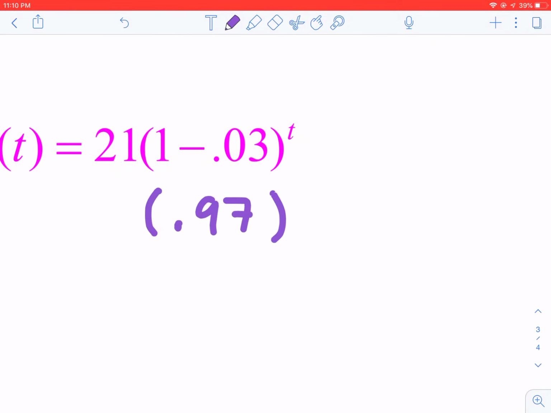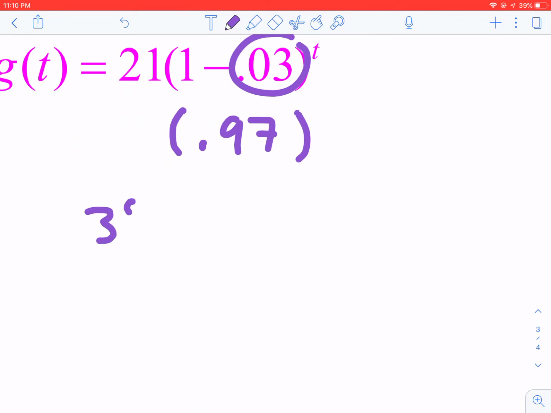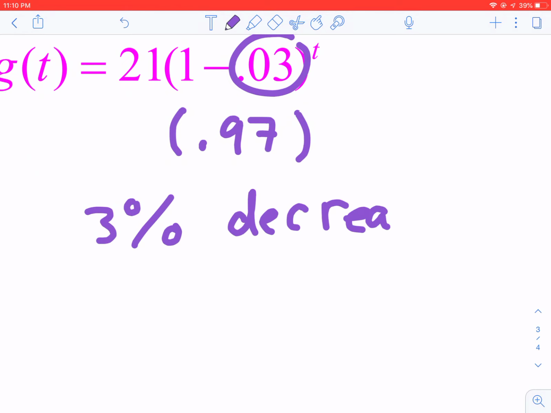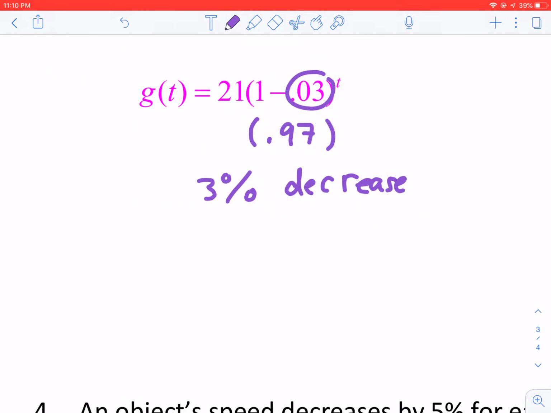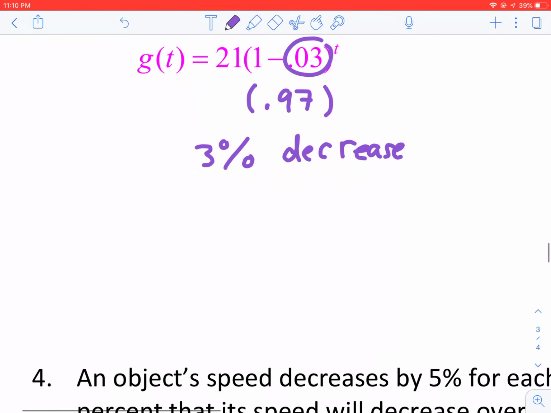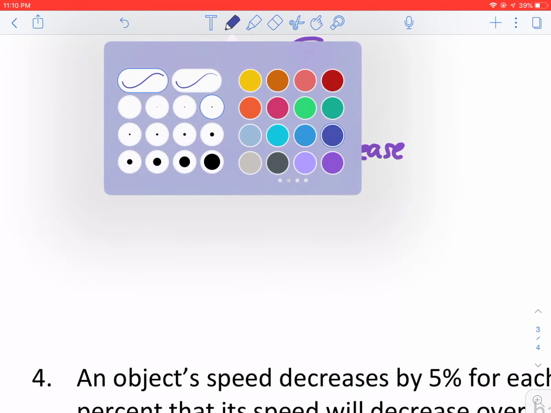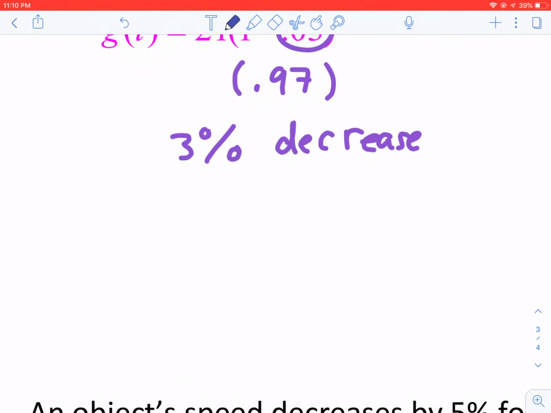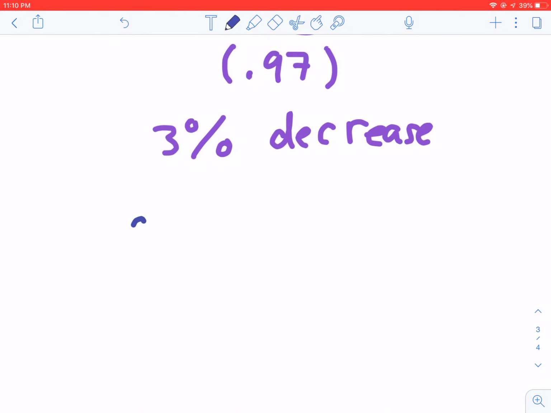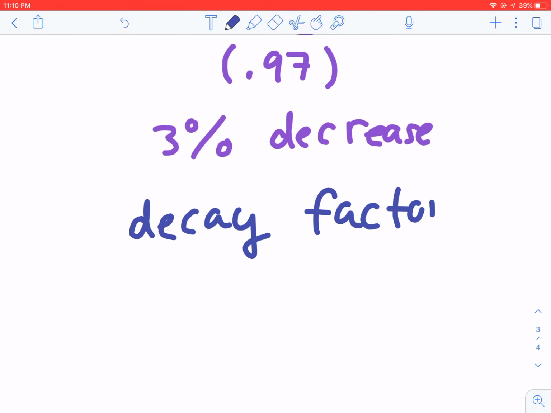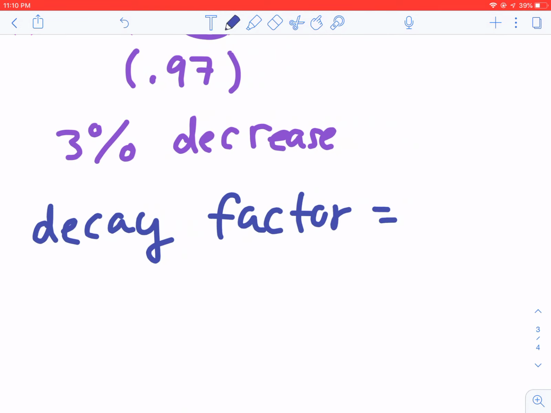What are we decreasing by? We're decreasing by 0.03 or 3%. So this is a 3% decrease, or the rate of exponential decay is 3%. The decay factor, sorry, I was thinking of the name of it. The decay factor is equal to 0.97. All right.